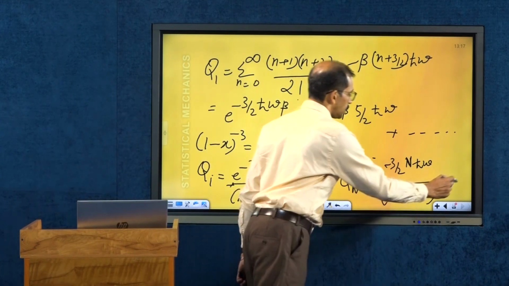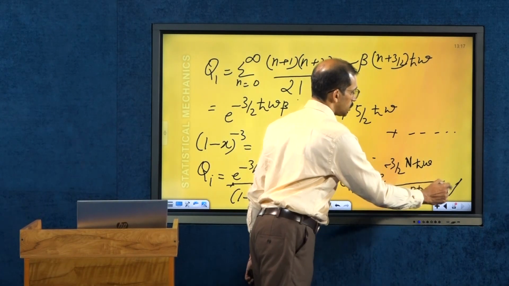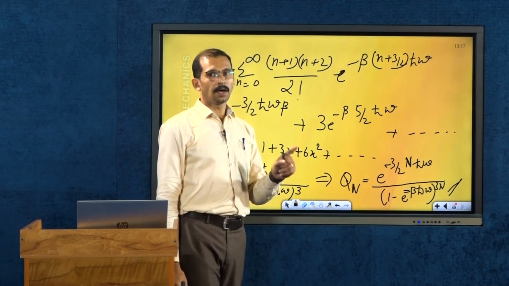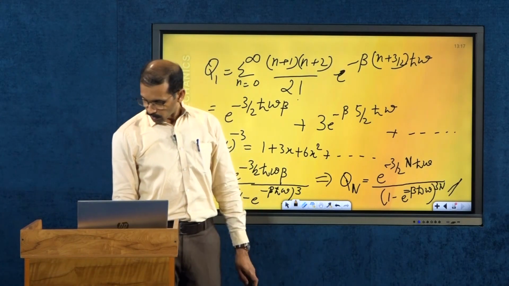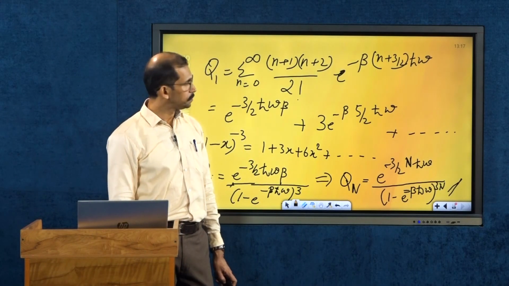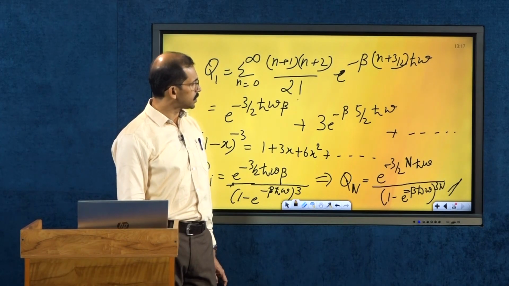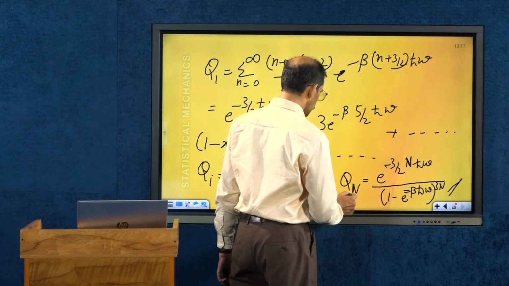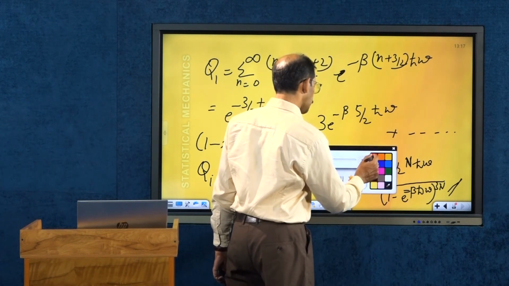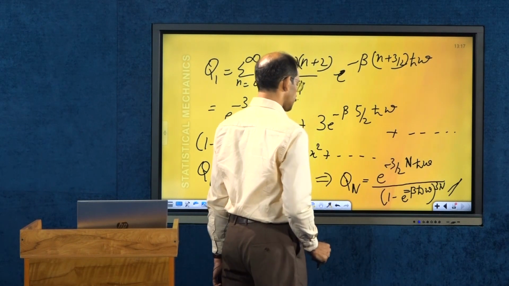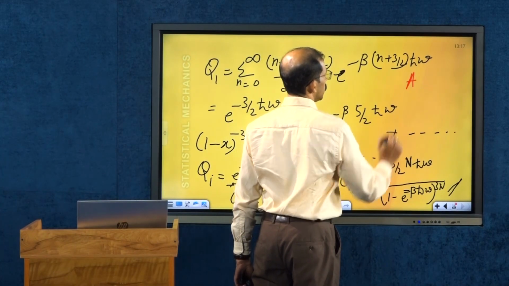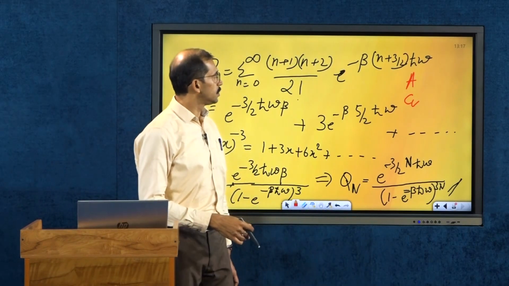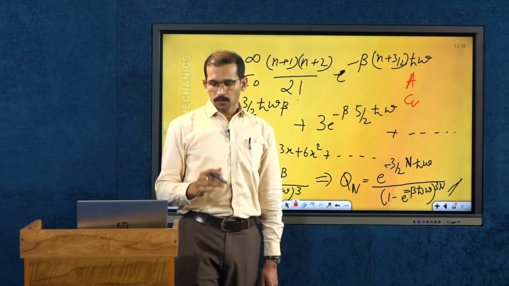So this is the partition function for a 3D harmonic oscillator in a quantum mechanical treatment. Like I told you last time, if you know the expression for qn, I can definitely calculate the factors for the A, CV, etc., and then continue with the derivation. So that is it.